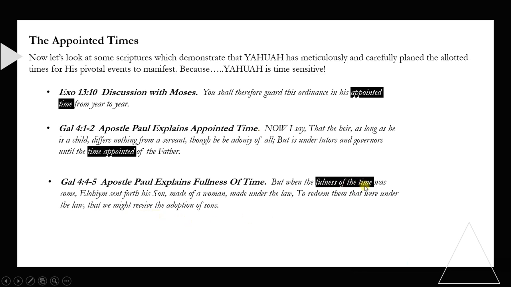In the fullness of time, when the time had reached its maximum number that was allotted to it, not before and not after. So Yahuwah is time sensitive. I want us to understand that because we need to be diligent in trying to discern when the holy days begin and when they end, because Yahuwah is sensitive about that.